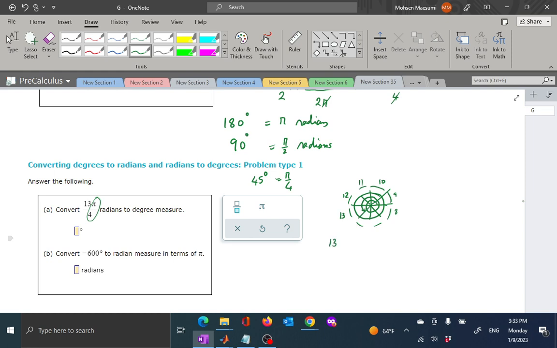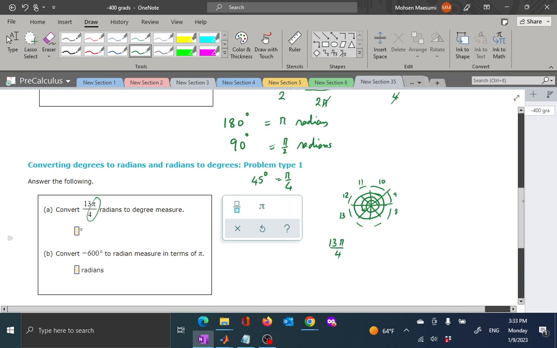Now formally 13 pi over 4, you divide by 2 pi, multiply by 360, and then you'll be all done. Pi's always cancel. So you have 13 times 360 over 4 times 2. So 4 times 2 is 8.